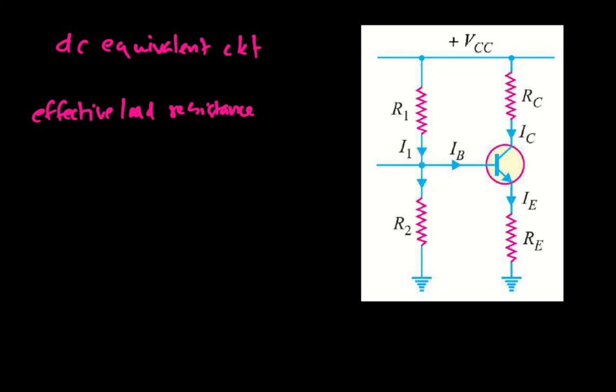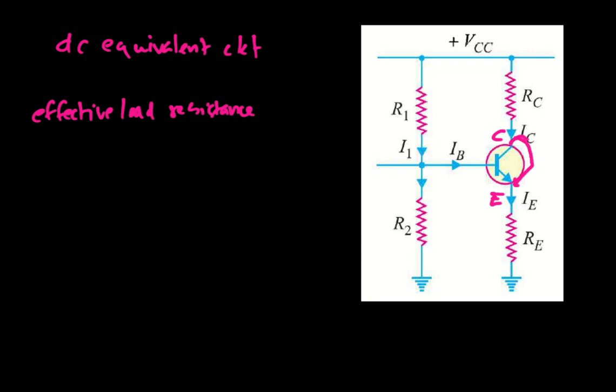Since we are taking the output voltage across the collector and emitter terminals of this transistor, we have to calculate the resistance across the collector emitter junction or terminal.